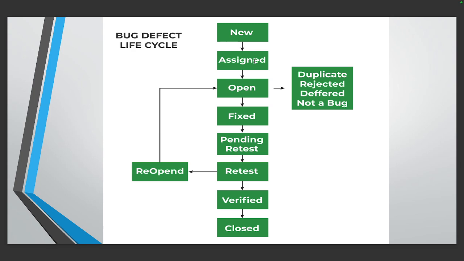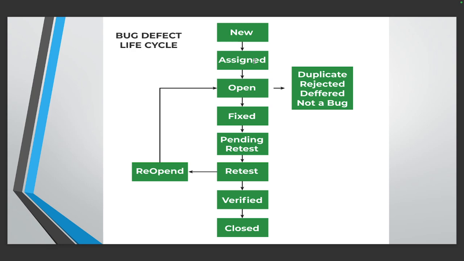Then it will be assigned. After approving it, the newly identified defect is assigned to the development team to work on and resolve it. When the defect is assigned to the developer team, the status of the bug changes to the assigned state.